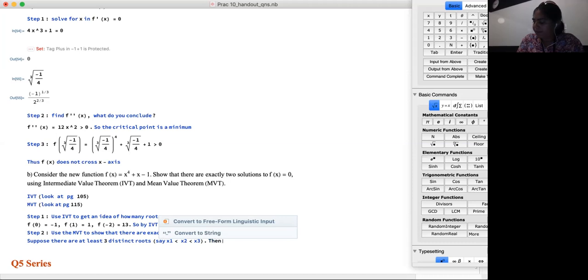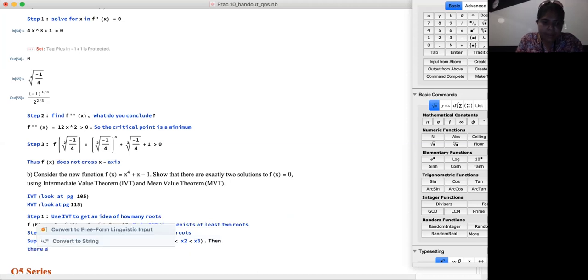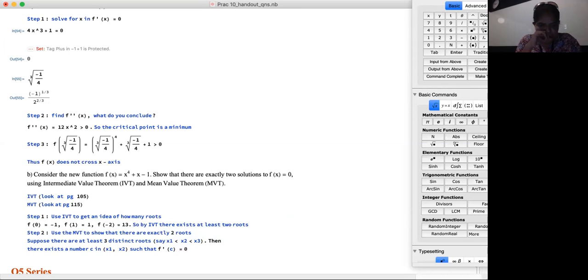Then there exists a number c in the interval x1 to x2 such that f dash c equals 0.